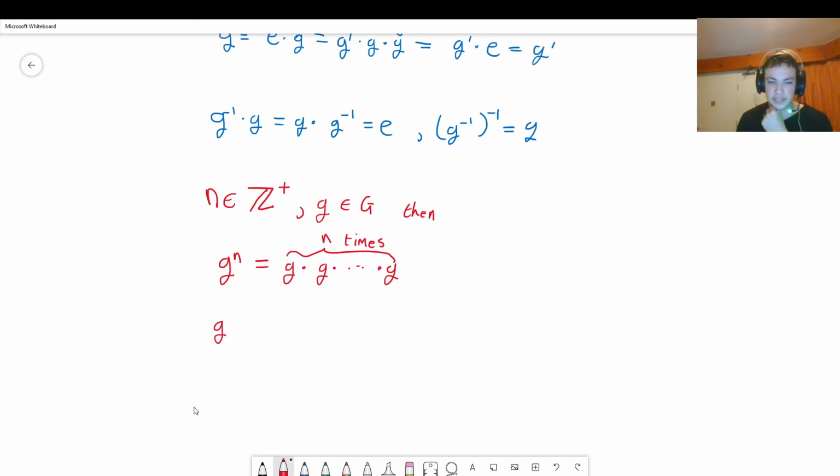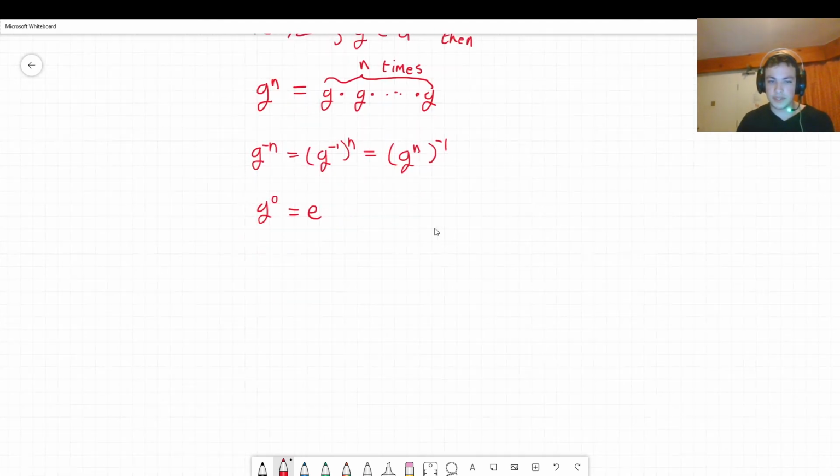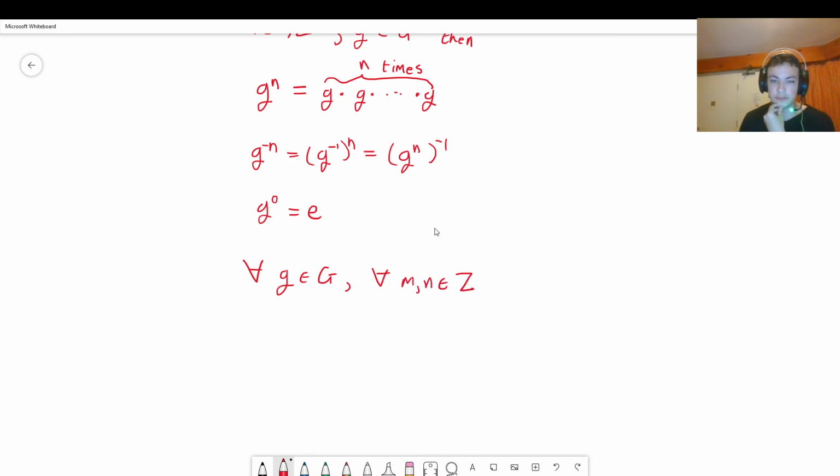And g to the negative n is then going to be defined as g to the minus 1 to the n, and that happens to also be g to the n to the minus 1, and then we let g to the 0 equal E, which gives us a nice useful property: for all g in G and for all m, n integers, so positive or negative, we have that g to the m dot g to the n is equal to g to the m plus n.